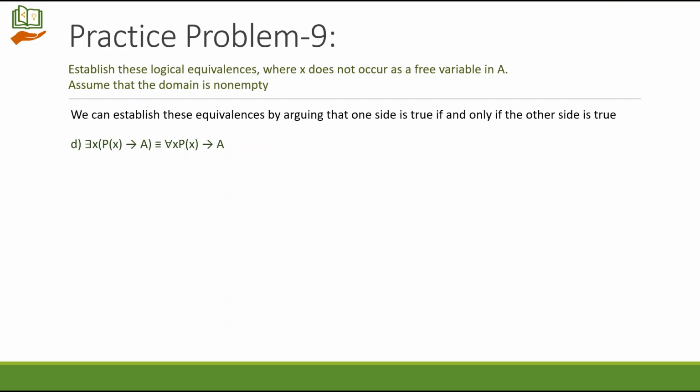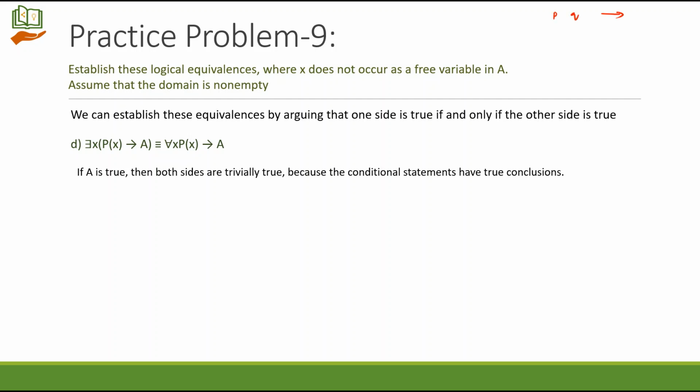Now we will go for the final subproblem here. Again we have to check with A. So let me again go for implication. We will have P and Q, TT, TF, FT, FF, true, false, true, true. So when Q is going to be true, that is when A is going to be true, we know the conditional statements have true conclusions. So both sides are true. What about A is false?